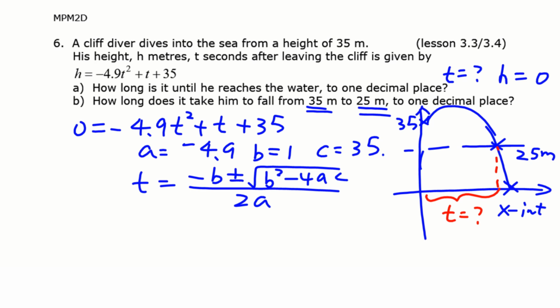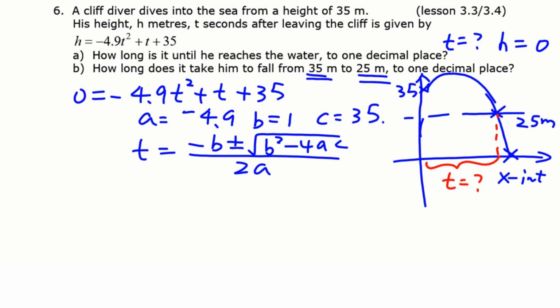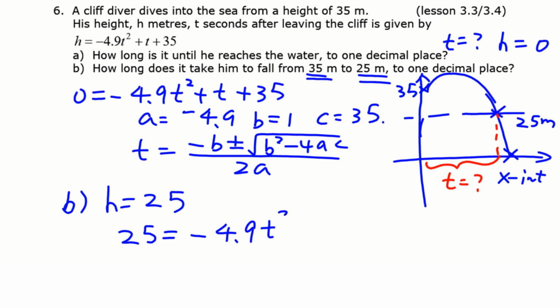Then we need to make sure one side is 0 and in the form ax squared plus bx plus c. So for question B, the height this time is not 0, it's 25. So 25 equals negative t squared plus t plus 35.